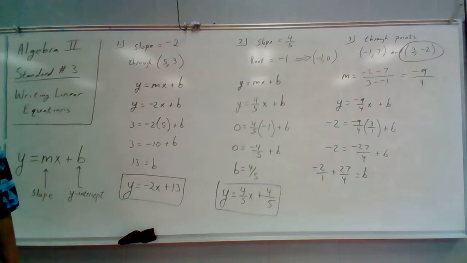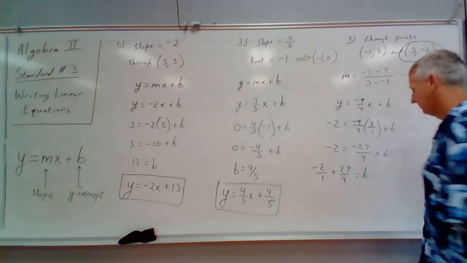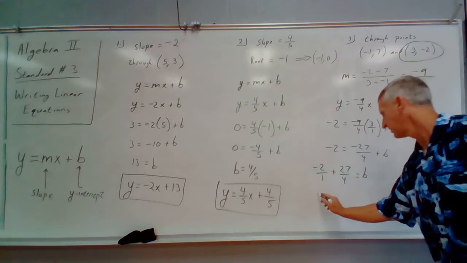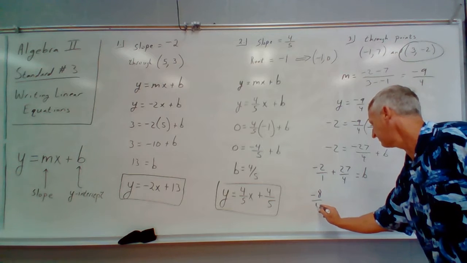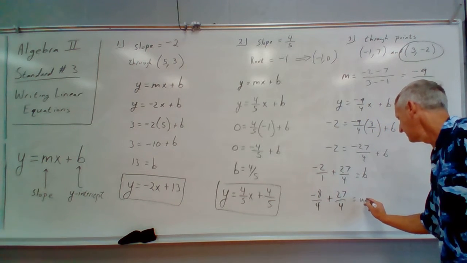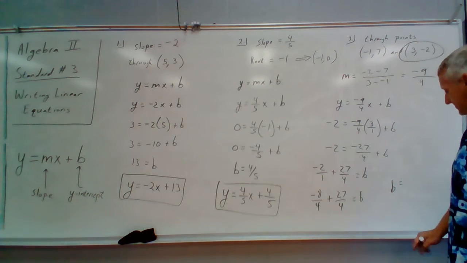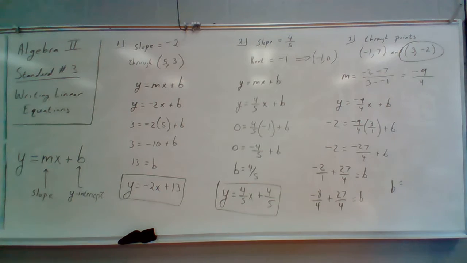In order to add fractions, I need a common denominator. So I'm going to multiply by 4 on the top, 4 on the bottom. And I'll have -8/4 plus 27/4. So b equals, let's see, 27 minus 8 is 19.